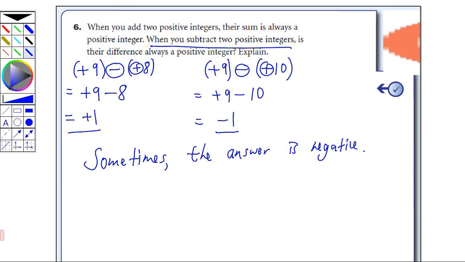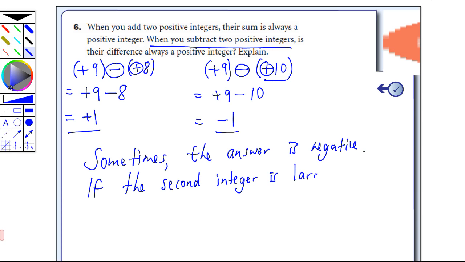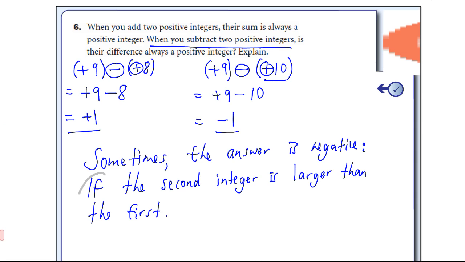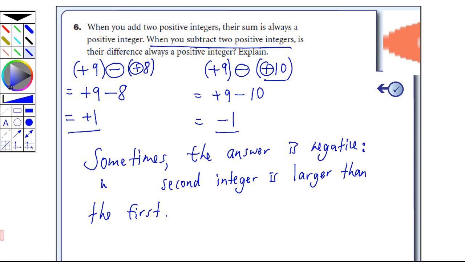Well, if the second integer is larger than the first, then it's going to be negative. So I'll actually put a colon here. So sometimes the answer is negative when the second integer is larger than the first.